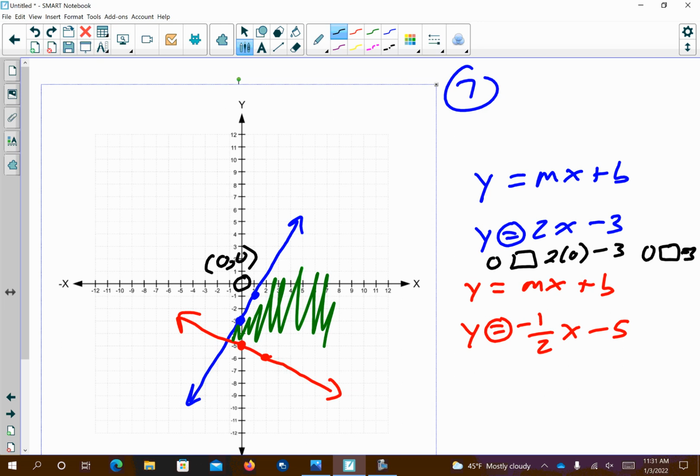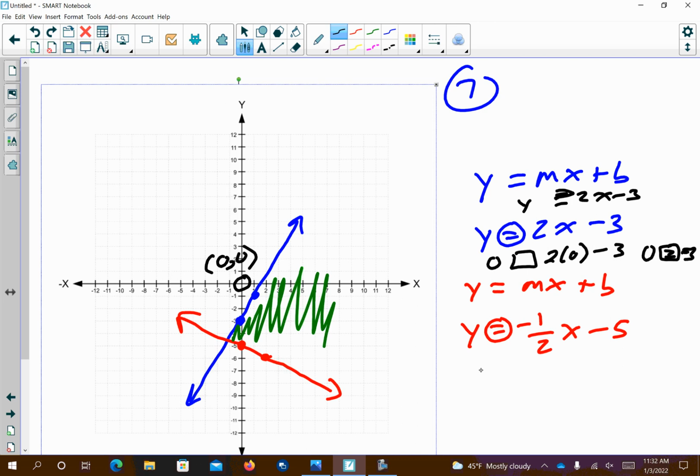Well, I want you to think about this in 2 ways. We are right now in a false region, right? So in order for us to shade the opposite of the blue, we have to make this a false statement. So we're going to say 0 is greater than. So that means this equation is y is greater than or equal to 2x minus 3.